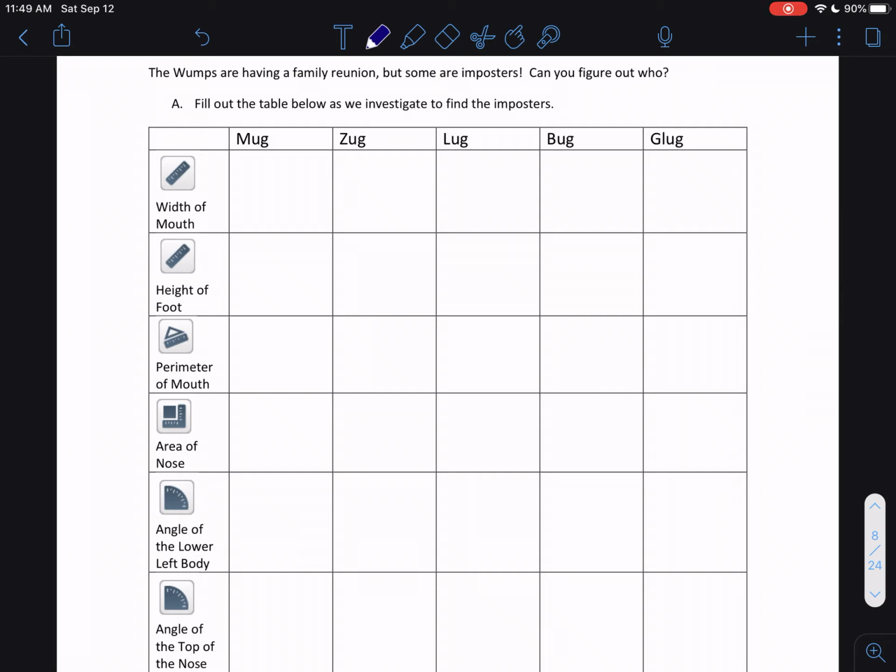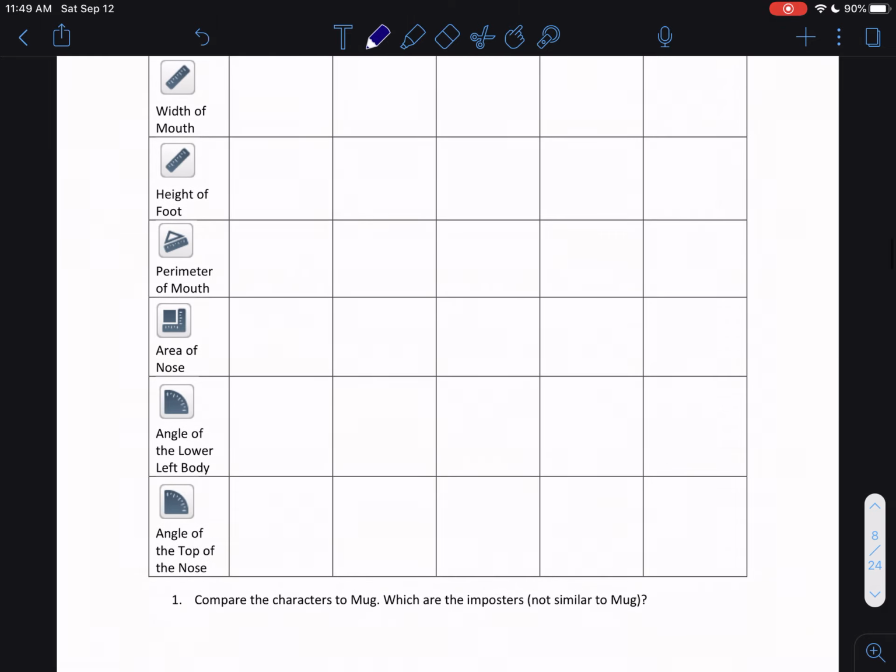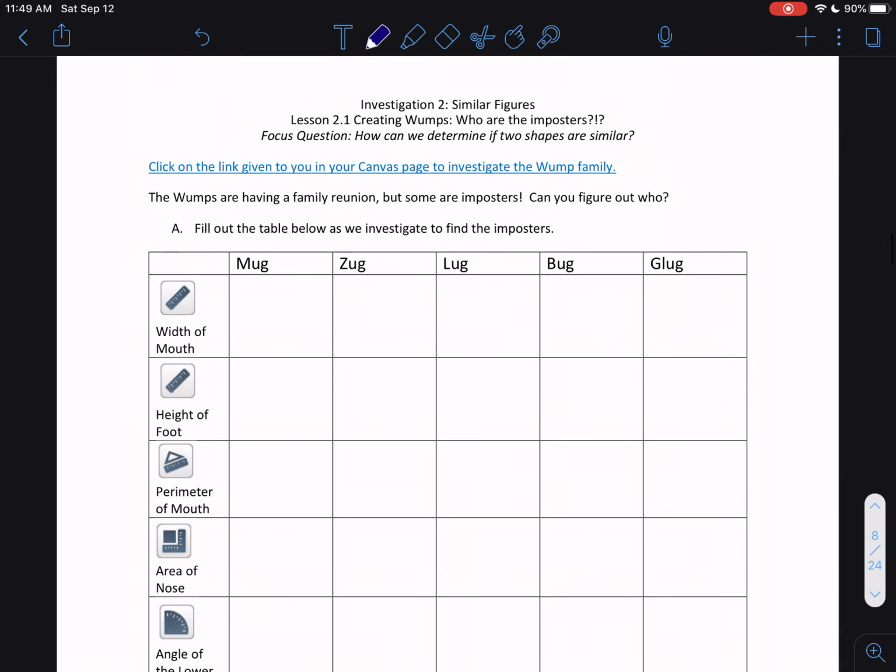You're going to find the width of the mouth, the height of the foot, the perimeter of the mouth, the area of the nose, the angle of the lower left body, and the angle of the top of the nose. Our goal is to figure out who are the imposters, because we're going to a family reunion, but some of them are crashing, and it's so rude. The ones that are not imposters are the ones that are similar to mug.